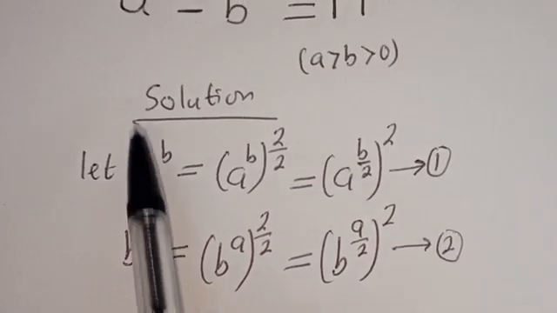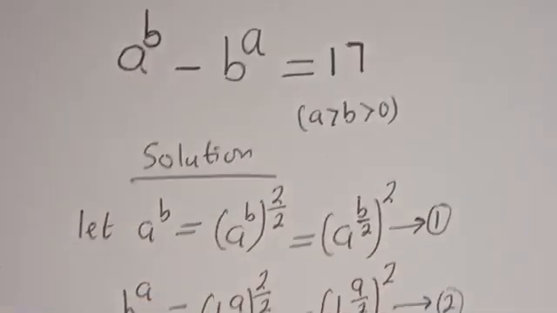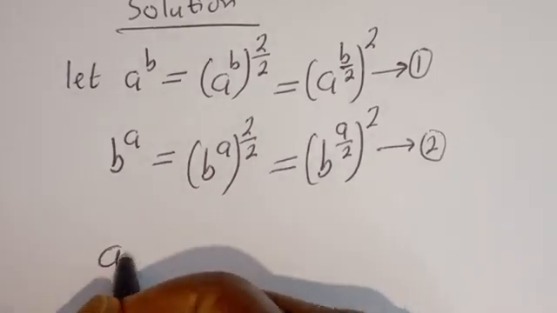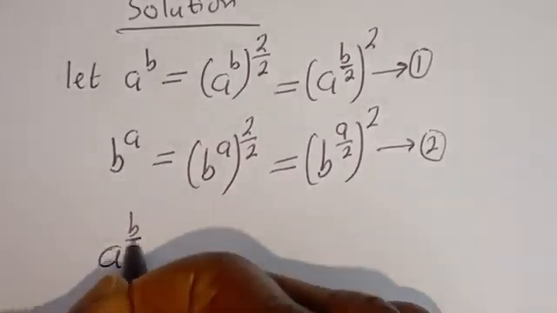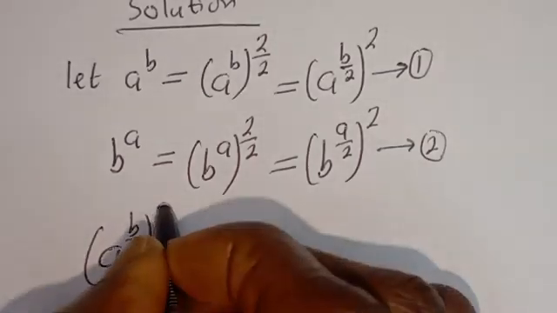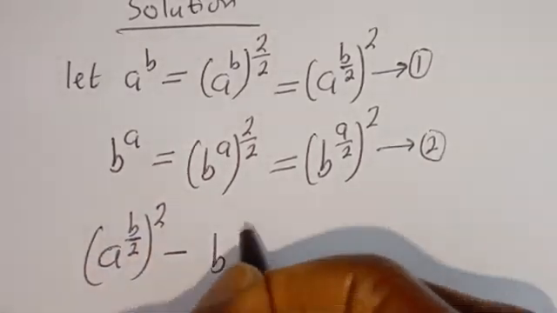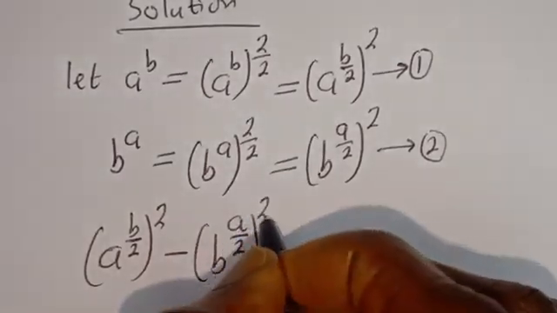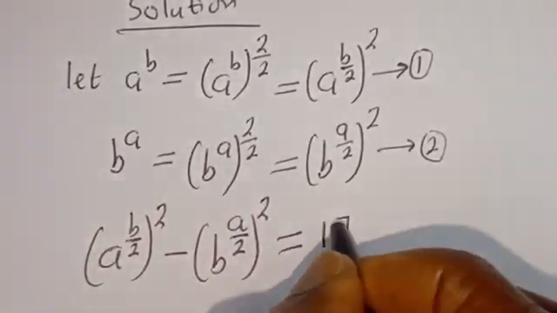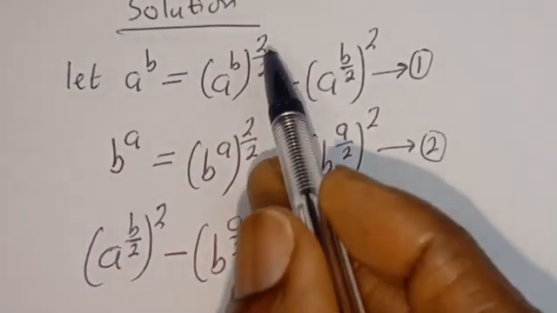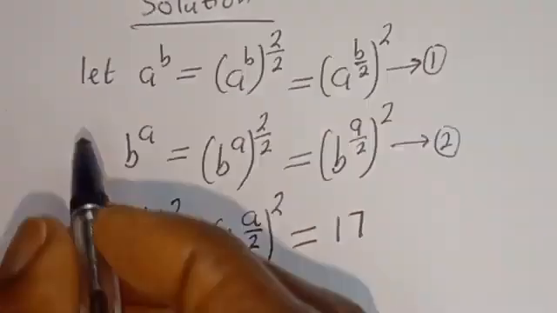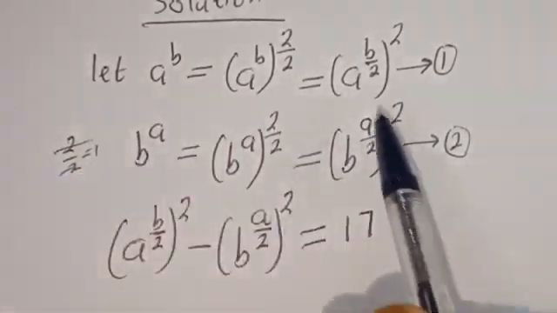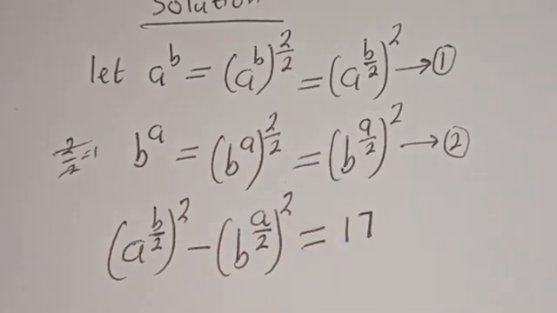Then we can now rewrite a to the power of b minus b to the power of a as a to the power of b divided by 2 all squared minus b to the power of a divided by 2 all squared is equal to 17. Here you know that we have 2 divided by 2, which is equal to 1, so this does not really change the equation.